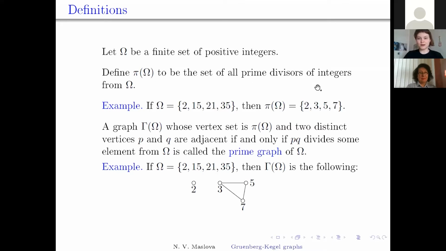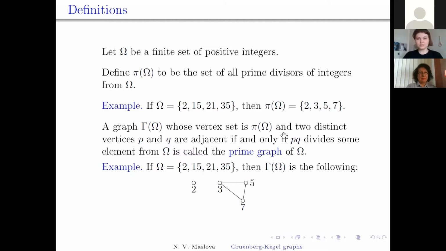And the prime graph of this set is the graph whose vertices are elements of the prime spectrum of this set, and two vertices are adjacent if and only if their product divides some element from our basic set omega.